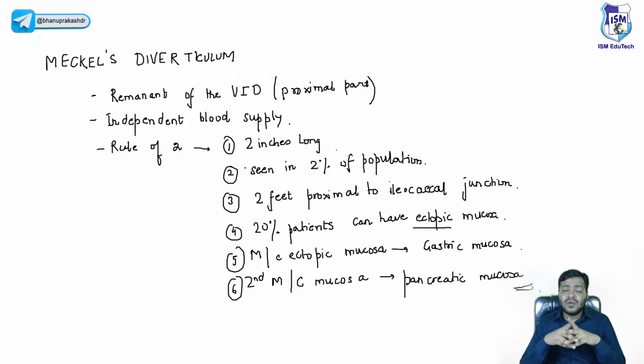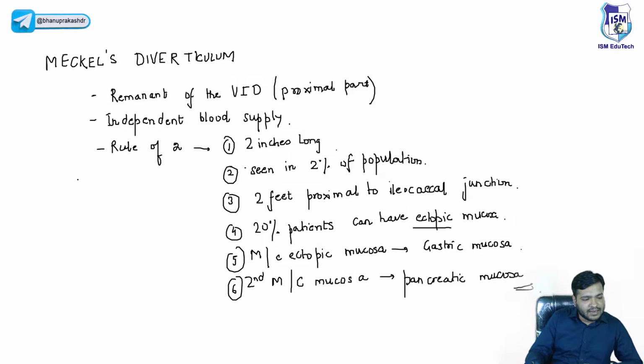If the Meckel's diverticulum has a broad mouth, you just have to leave it. And if it has a very small mouth, a narrow base, then you will cut it. Anything which you cut is called, okay, diverticulectomy.